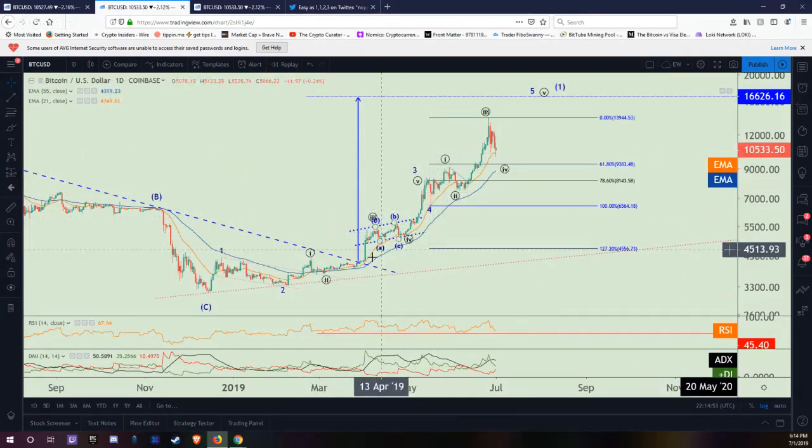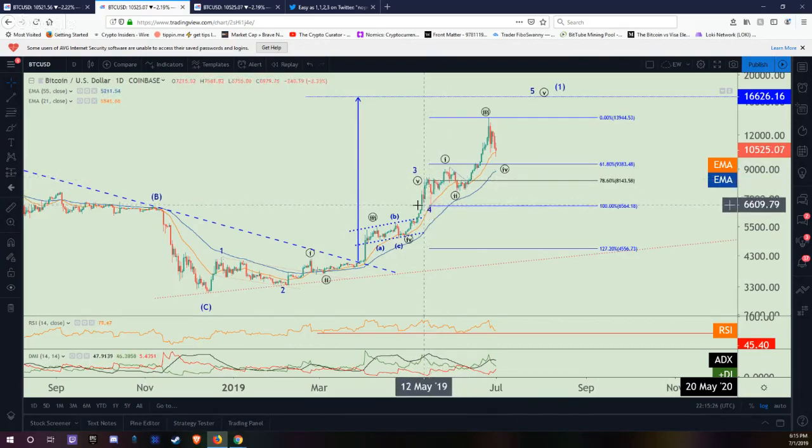I think with this parabolic move here, we went one, and then we had a consolidation two, and then we had an extended three, which was a 1, 2, 3, 4, 5 extended to get three, where two was a little bit moved to the downside here. Four was a consolidation, and then we had the fifth wave to the upside, which gave us the third wave. We had a quick move to the downside here to give us a fourth wave to the downside.